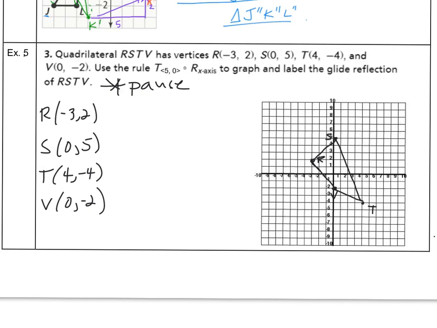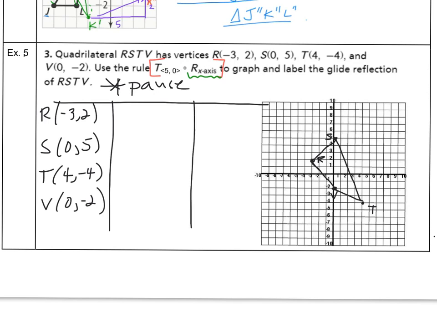Now the rule is T 5,0 follows the R over x-axis of our pre-image. This is our notation right here. And based on the order in which it's written, the first thing we're going to do is the reflection over the x-axis. So up at the top, I'm just going to create a grid and section off two columns for my new ordered pairs.